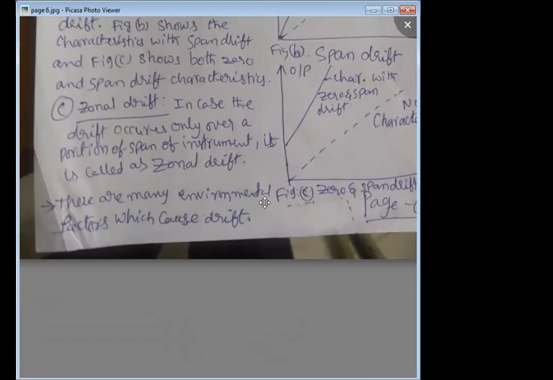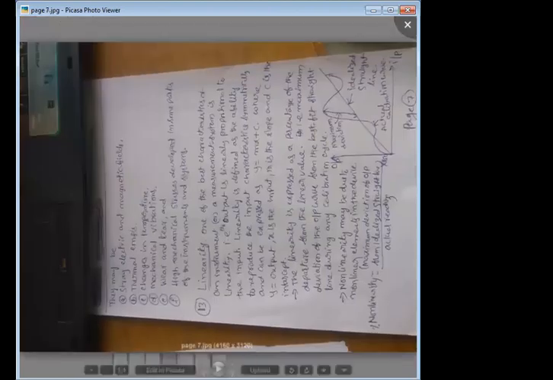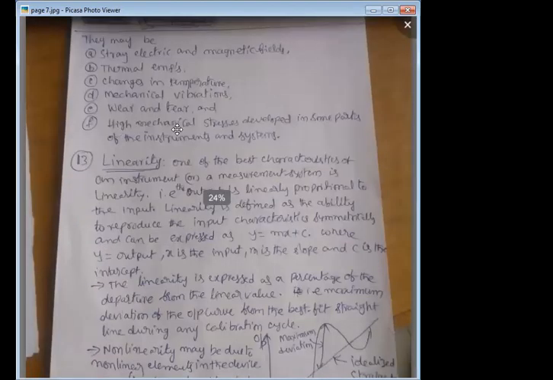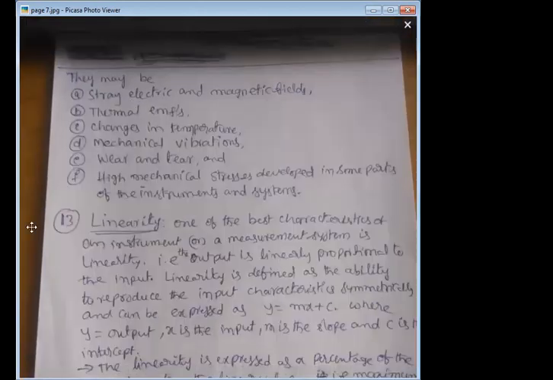There are many environmental factors which cause this drift. So what are the factors which influence the formation of drift?